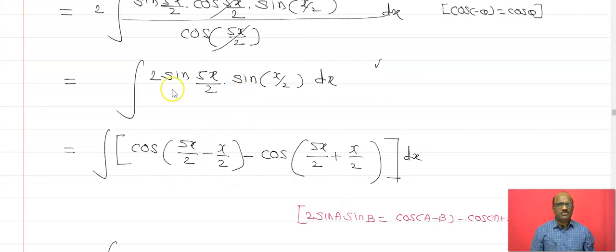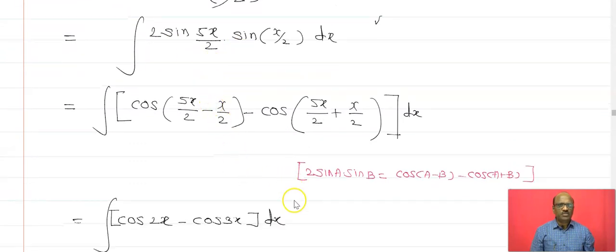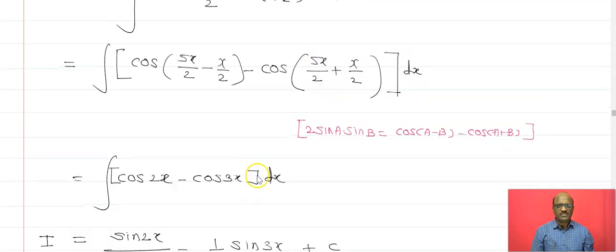Now see this here, we apply the formula that 2 times sin a into sin b is equal to cos of (a minus b) minus cos of (a plus b). In a similar way, 2 sin of 5x upon 2 into sin of x upon 2 can be written as cos of (5x upon 2 minus x upon 2) minus cos of (5x upon 2 plus x upon 2) into dx.